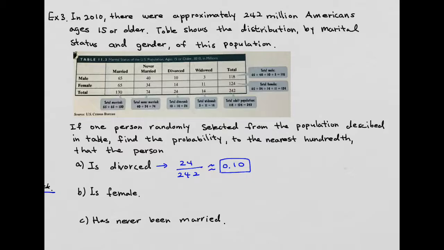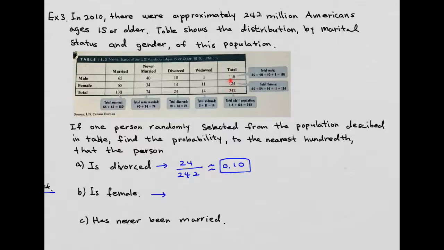What will be the probability that the person is female? Where is female? So we have all this female: 65 married, 34 never married, 14 divorced, 11 widowed. So this is the total of the female. This didn't say divorced female or widowed female, right? It just says female.